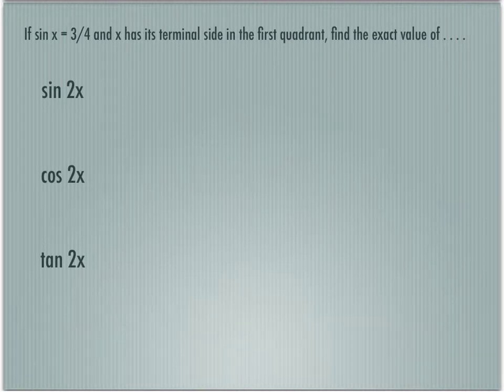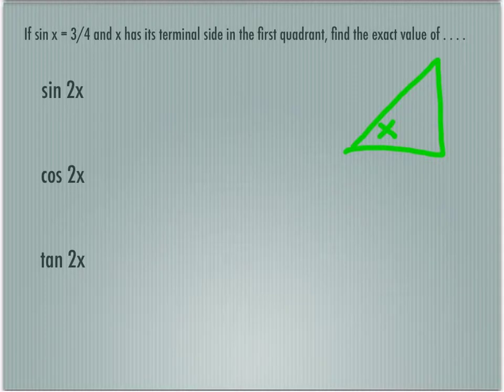Alright, so we're given in this case that the sine of x, again x is an angle here, is 3/4. Terminal side in the first quadrant, we want to try to find the exact value of these things. So I think the first thing I'd always want to do is draw a triangle, and we'll label this angle we're looking at as x.